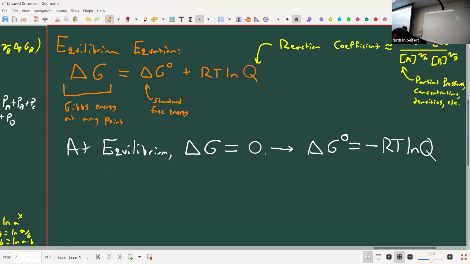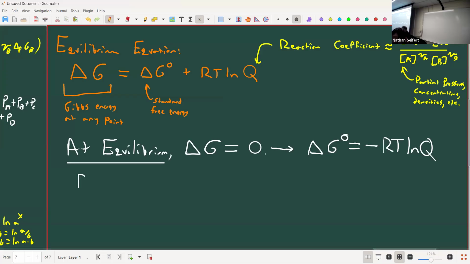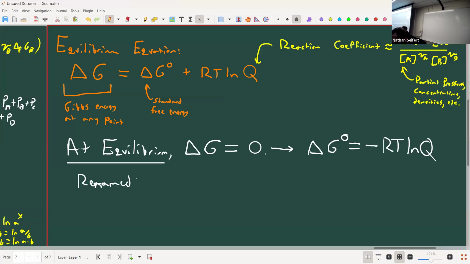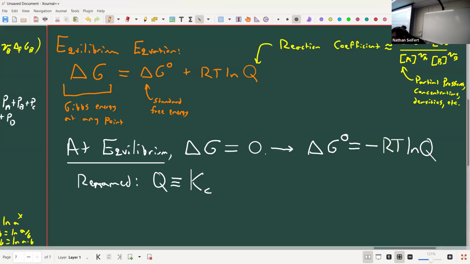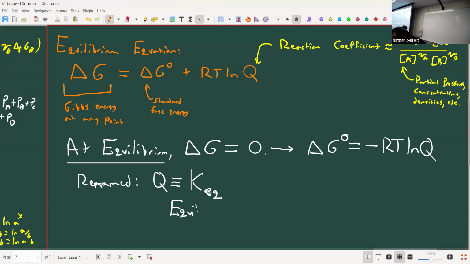Right? So we rename this. Q we call at equilibrium K sub C, or sorry, KEQ, which is the equilibrium constant.